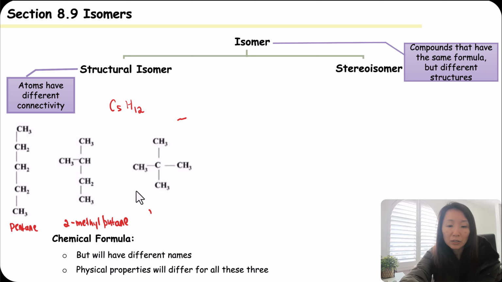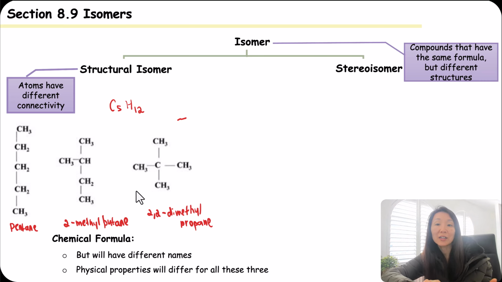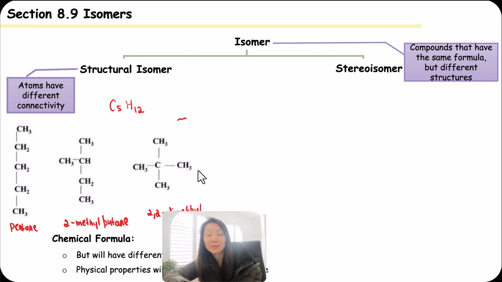And this one is 2,2-dimethylpropane. Naming these is covered in the alkane nomenclature video. So these are all structural isomers. Notice that they have different connectivity, so they have different names, and their physical properties are different.